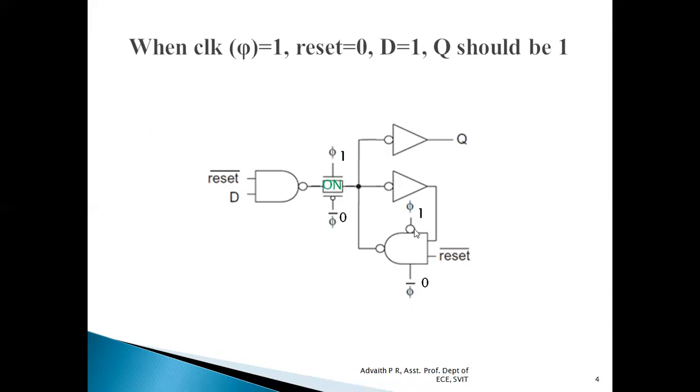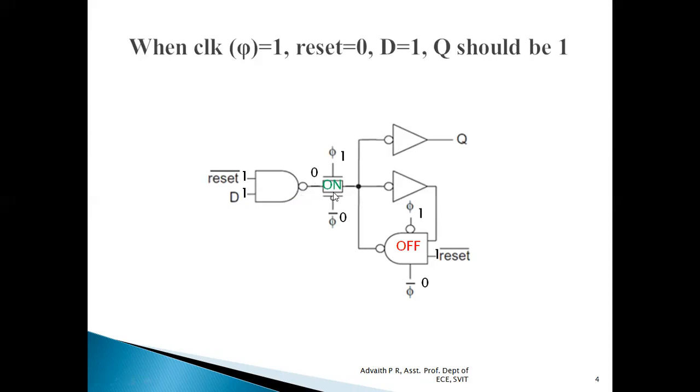Whereas when clock is high and clock bar is 0, the NAND we see in the feedback section is off. If it is off, it acts as an open switch. Because reset is 0, reset bar is 1, and D input is 1. So let us append 1 over here. 1 NAND with 1 is 0.